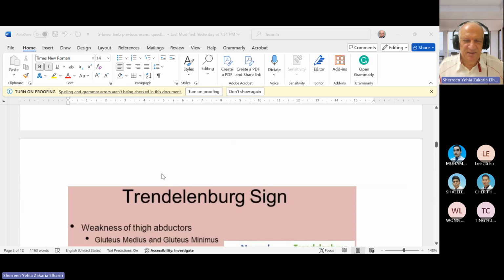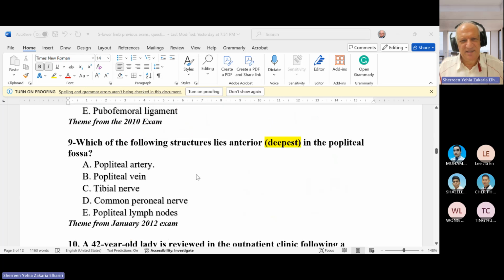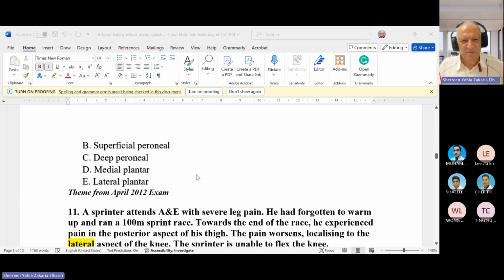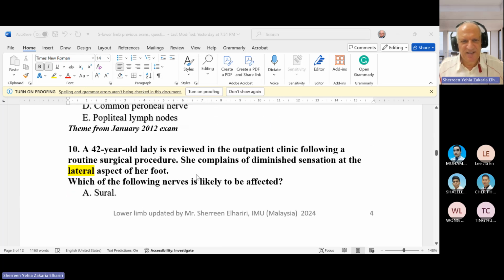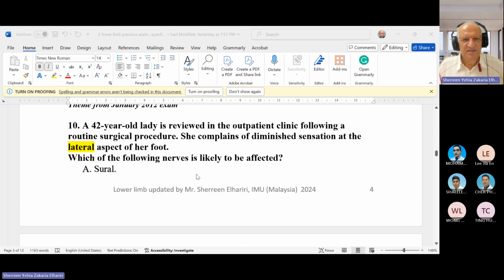It is the deepest or the anterior because we follow the anatomical position. It is tricky, so just remember that. Okay, next question.